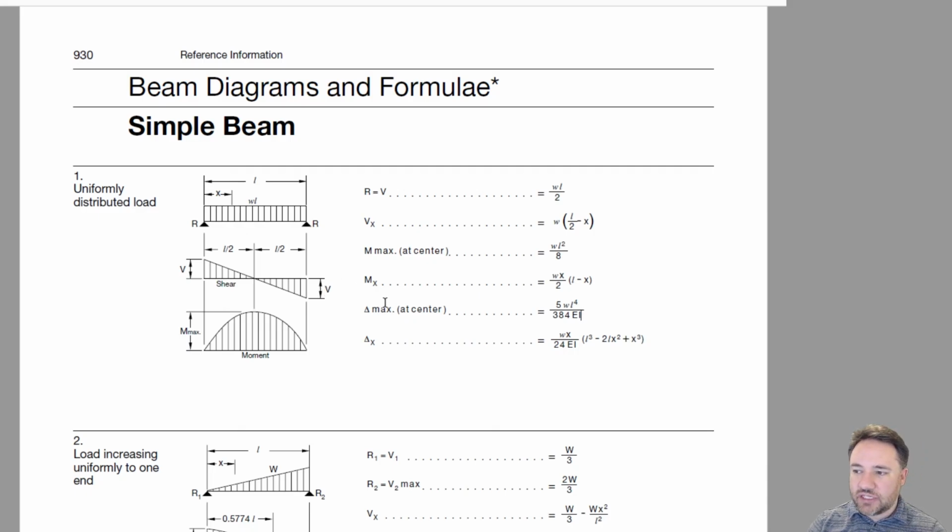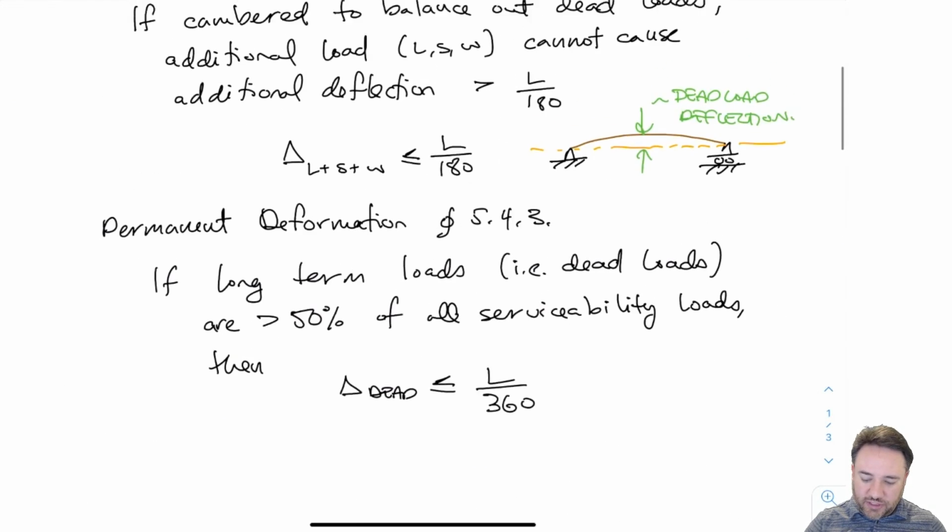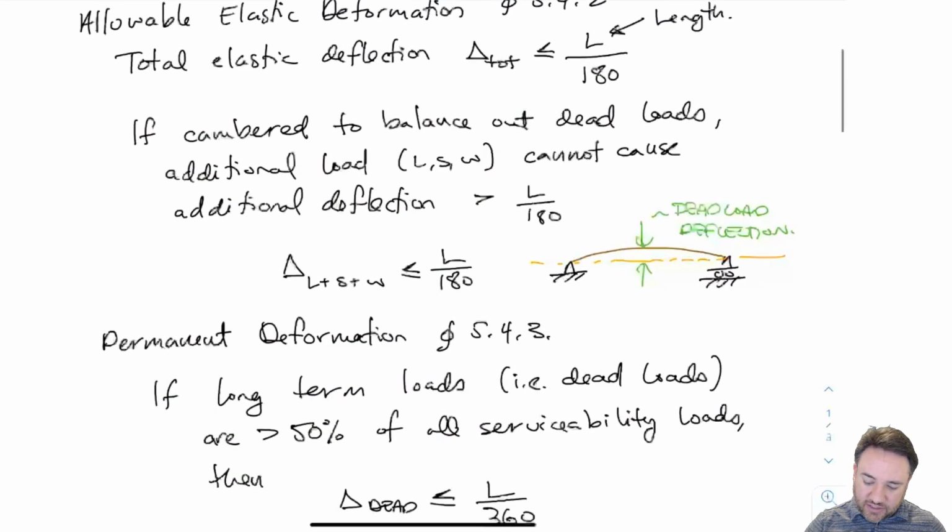So that's one easy way to come up with deflections for simple conditions that you see all the time. So there are multiple ways to do it, and it's up to you how you calculate your deflections. And once I calculate them, of course, I need to compare them to the limits, these two limits that are provided in the standard.